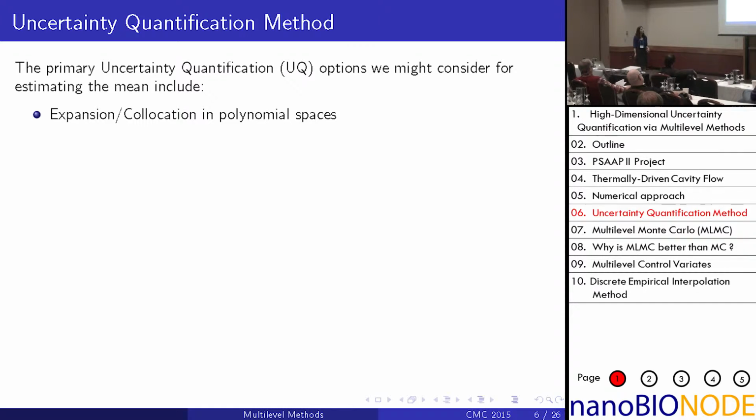This isn't quite what we would want because the cost grows quickly in the dimension D. Most of these, the cost will grow exponentially in the dimension. So as we get a larger and larger stochastic dimension D, we're going to have a lot of issues finishing the simulations. So that brings us to the standard Monte Carlo method.